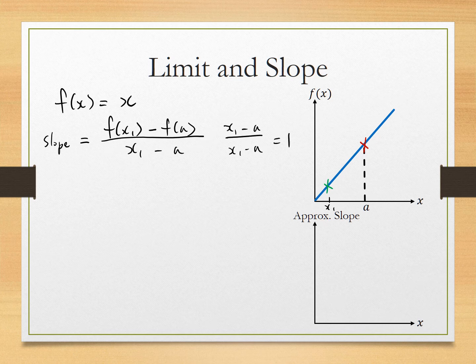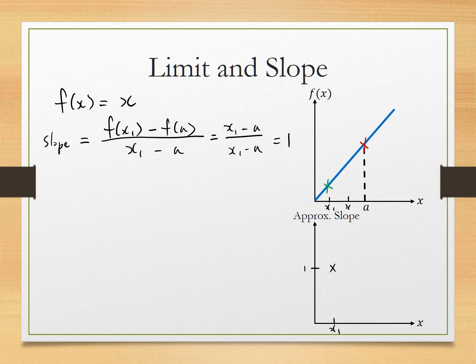So that's clearly the case. According to our approximation, the slope is 1 if you pick x1.